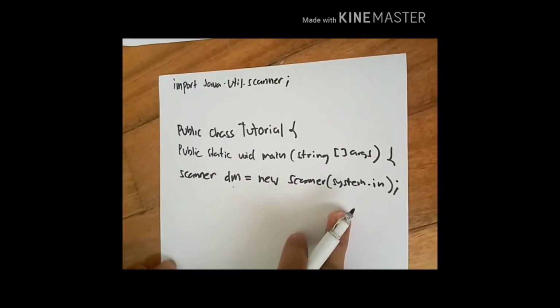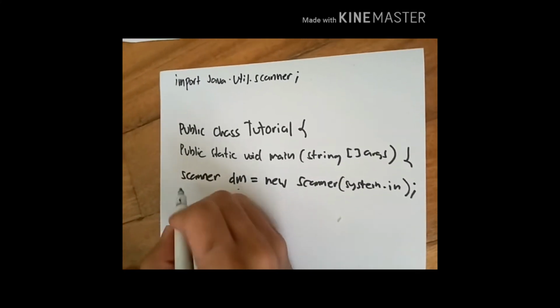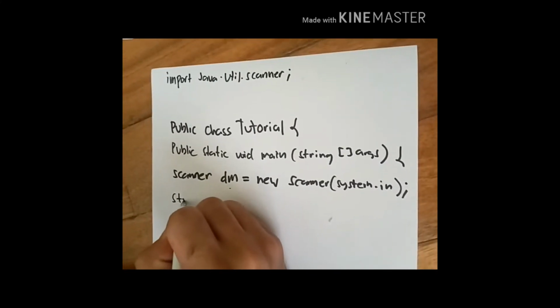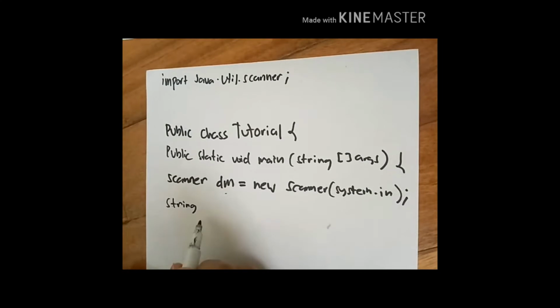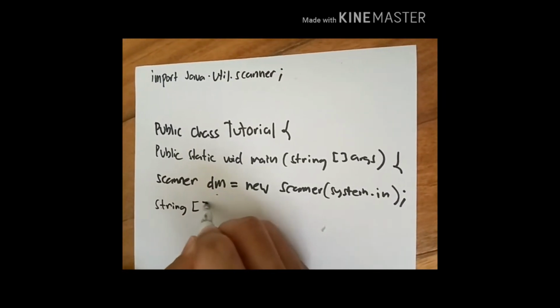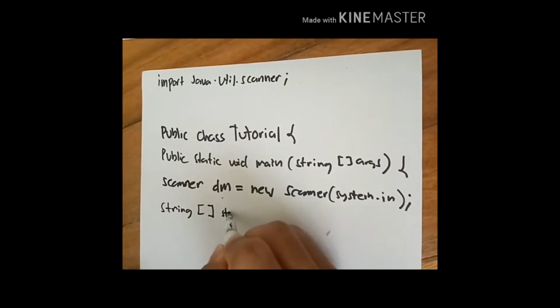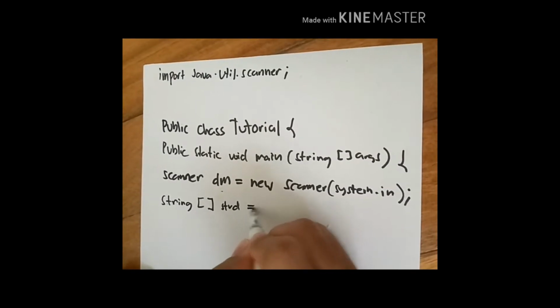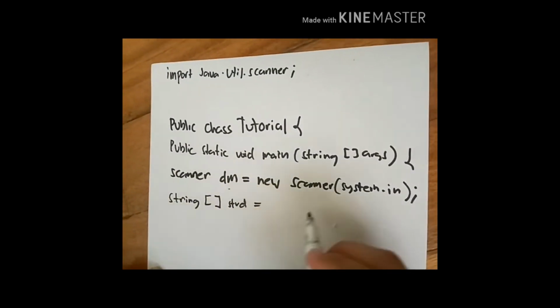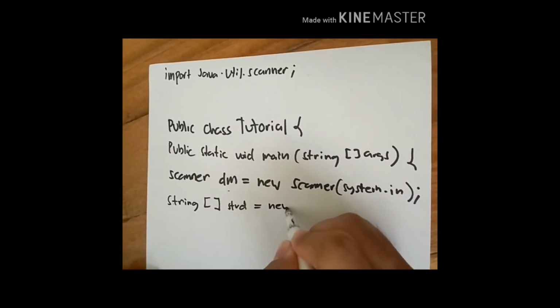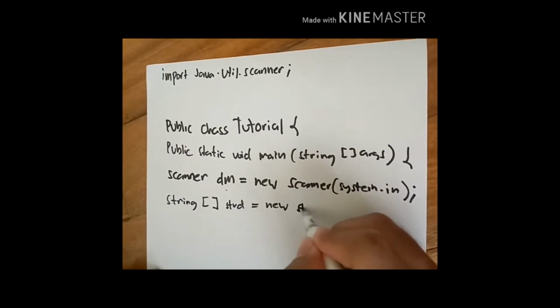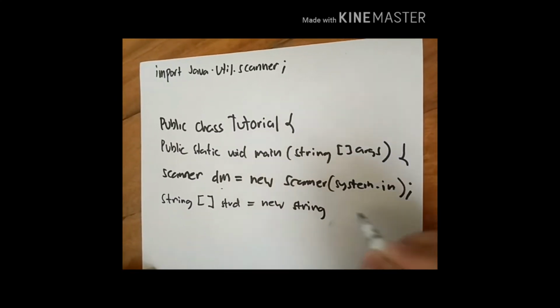Ang next nating isusulat na ay ang syntax ng array. So, yan. Gagawa tayo ng data type String, bracket, and variable na stud. Siya yung magiging lalagyanan ng mga names na i-input ng user.